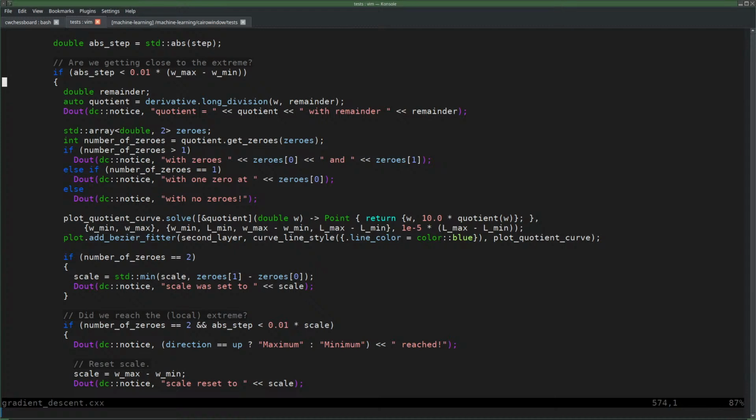It's already needed here. We're calculating the quotient here, which is based on the derivative, which is based on the fourth degree polynomial. Strange.